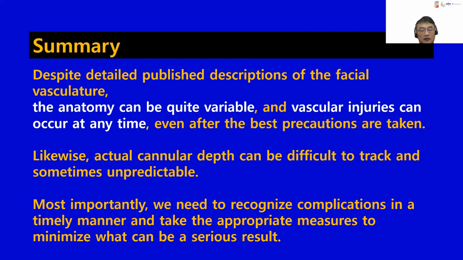It is very difficult to know the exact location and exact depth, so vascular injury can occur at any time, even after the best precautions are taken. Likewise, actual cannula depths can be difficult to track and sometimes unpredictable. Even though I am an anatomist, without using ultrasound it is very difficult to know the exact layer, exact position, and exact placement.